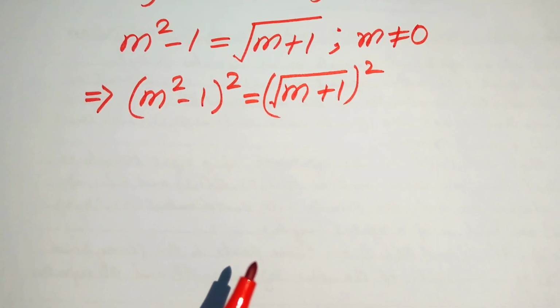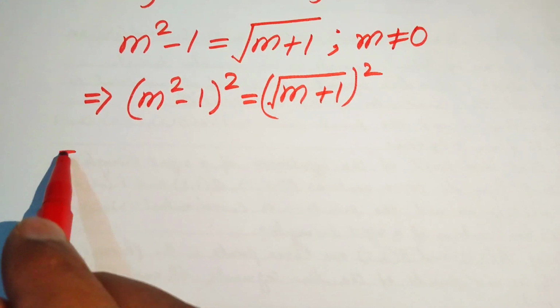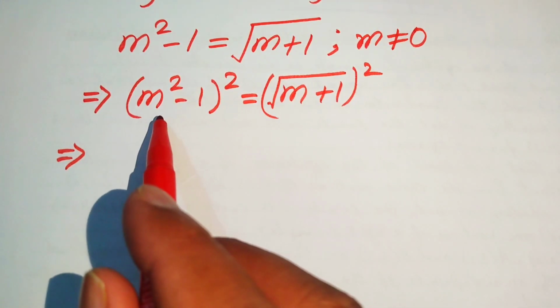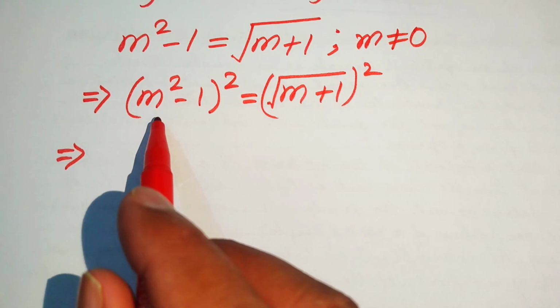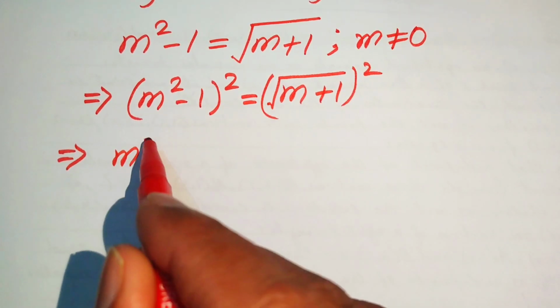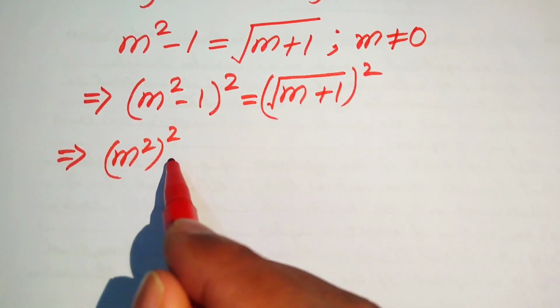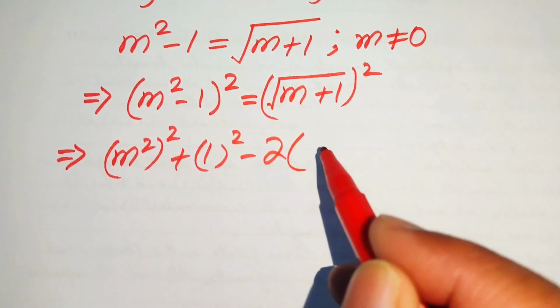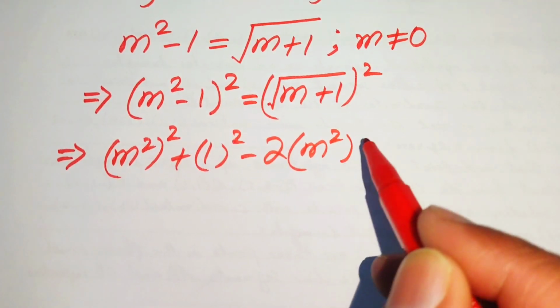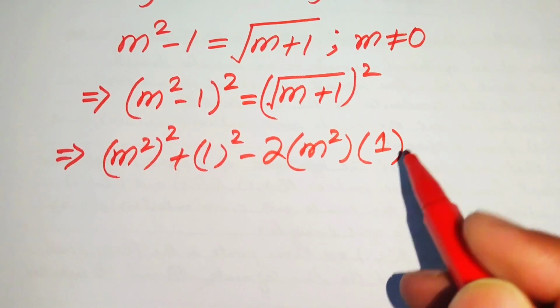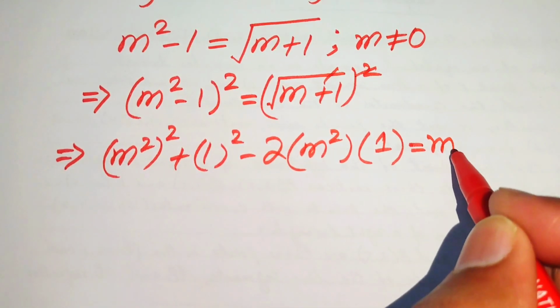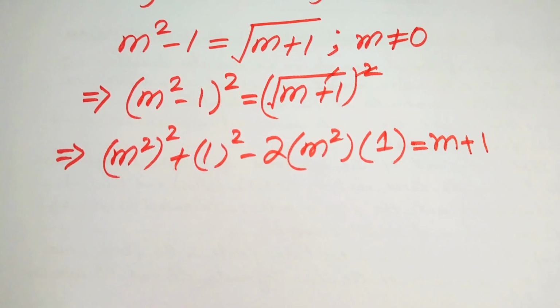After this step, we apply the square identity on the left hand side, and we write this term as a squared plus b squared minus 2ab. The square and square root are gone on the right, and we get m plus 1.